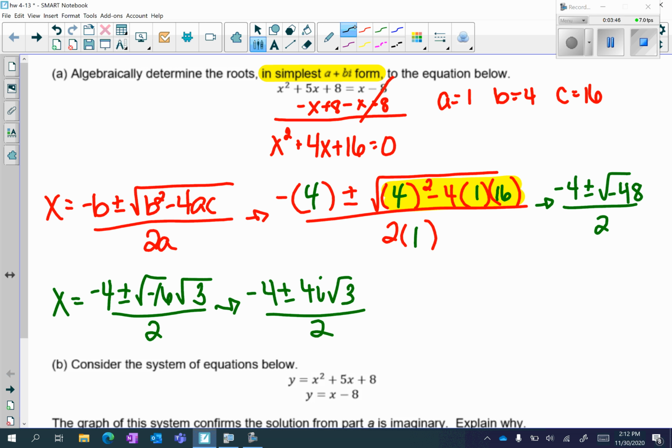Your last step, without the radical, every other piece, can they be divided by something? They can all be divided by 2. This becomes a 2, this becomes a 2, this becomes a 1. So my final answer is x equals negative 2 plus or minus 2i radical 3.